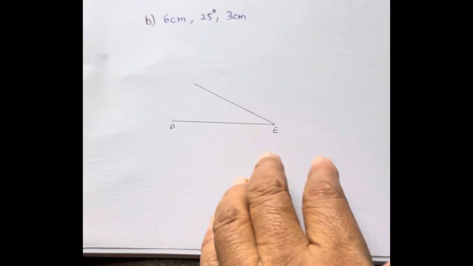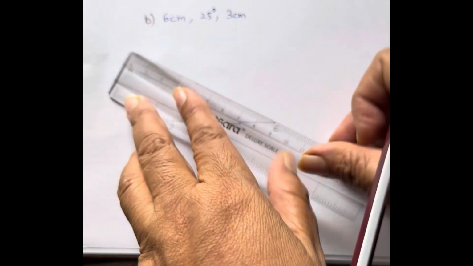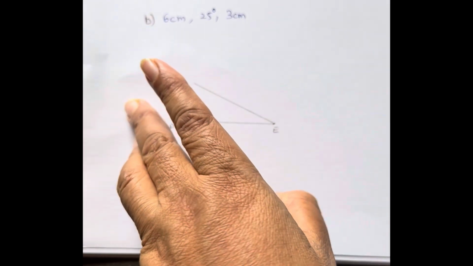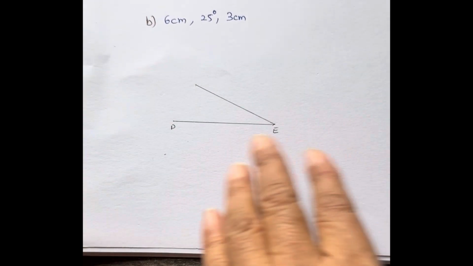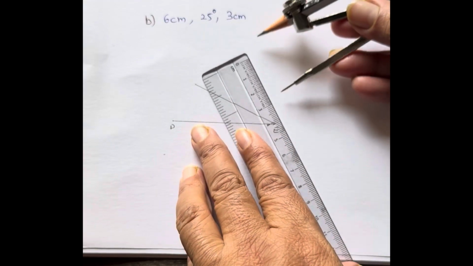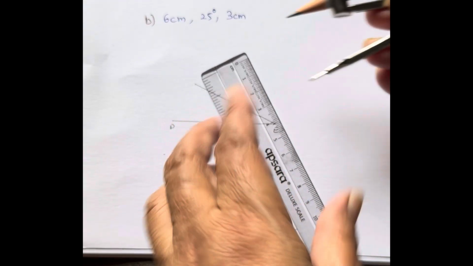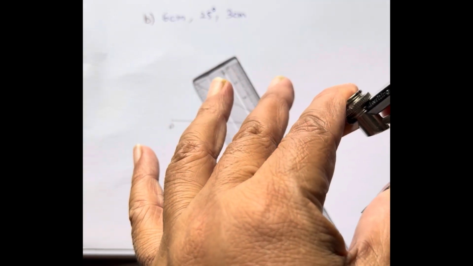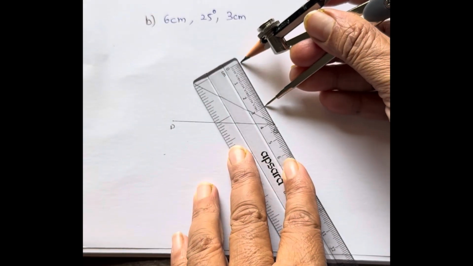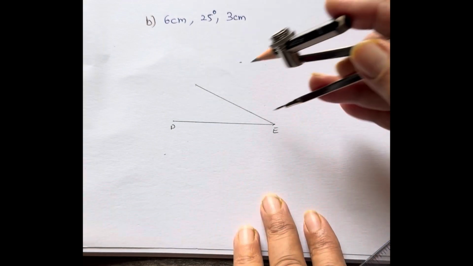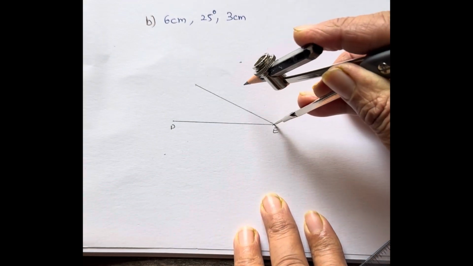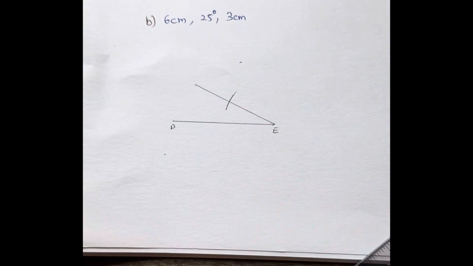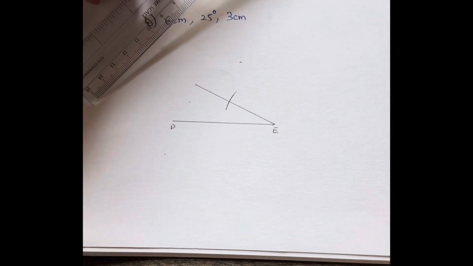Now the other side is 3 centimeter. So we measure 3 centimeter with the help of the scale and compass. This is 3 centimeter. So we take E as a center and cut an arc here. And then join these 2 points.